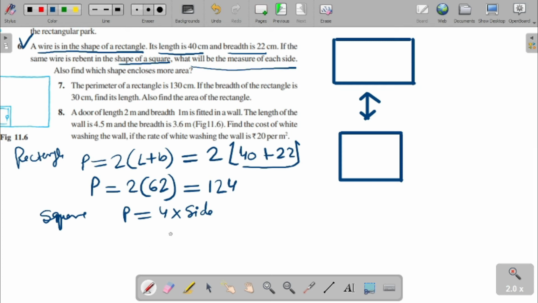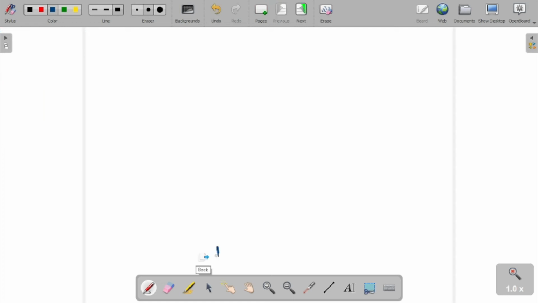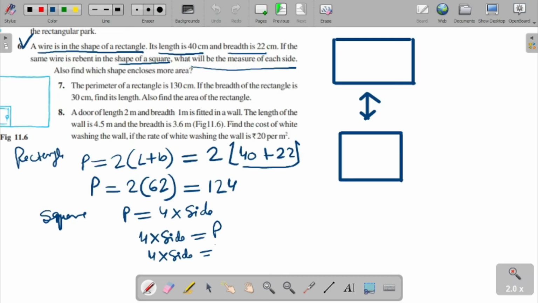So, we can write it as 4 into side is equal to perimeter, or 4 into side is equal to 124. This is the perimeter of the square, and perimeter of the rectangle and perimeter of the square are the same.